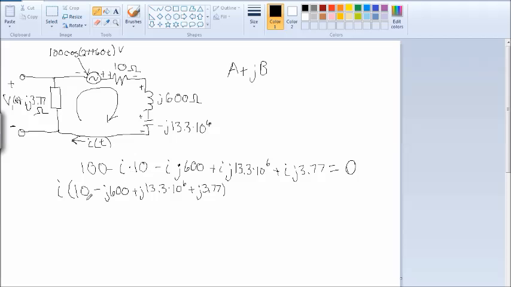So I took an I out of everything. Looks like I missed a negative sign there. Negative 10, negative, positive, positive. And we're going to bring the 100 over to the other side of the equation, so we'll get a negative 100. So now we can say I is equal to negative 100 divided by all of this.